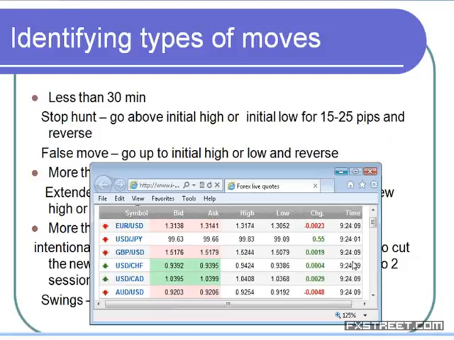If at 8:30 they started, and at 9:30 they have come closer to that, nearly an hour they have taken. That is why I said more than 30 minutes they have been holding it, so it is not a stop and move. If it comes below that initial high in less than 30 minutes, then it is a stop and move.